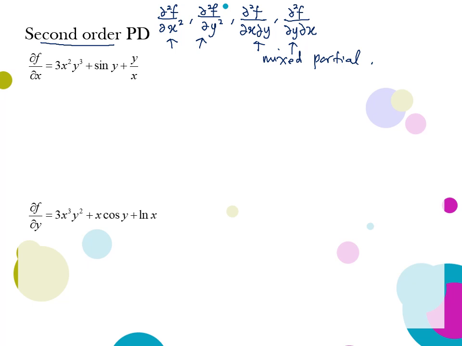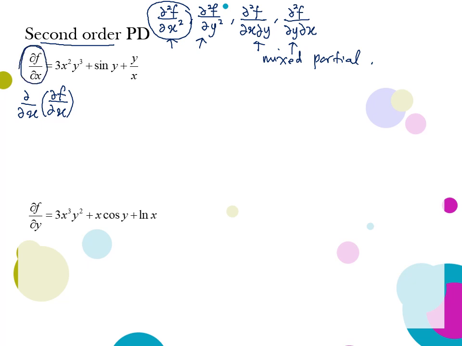So what del square f over del x square simply means is you are differentiating your f partially to your first order. So this is your first order.